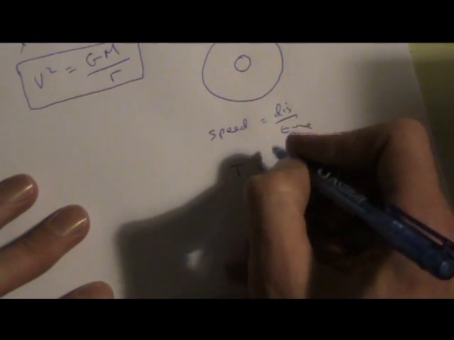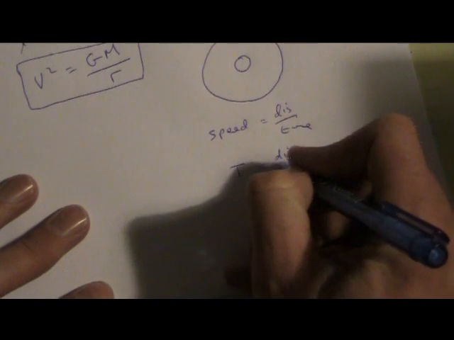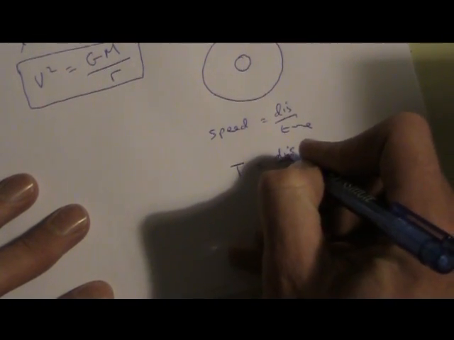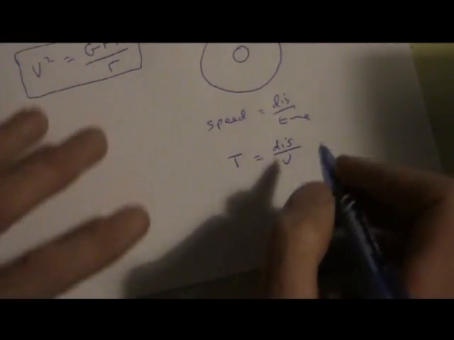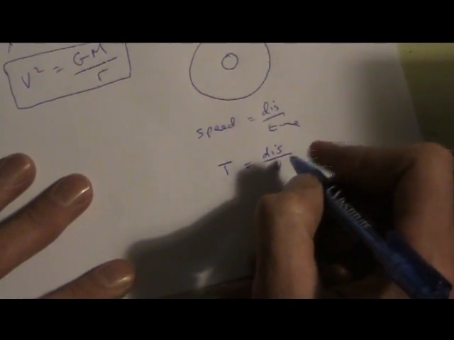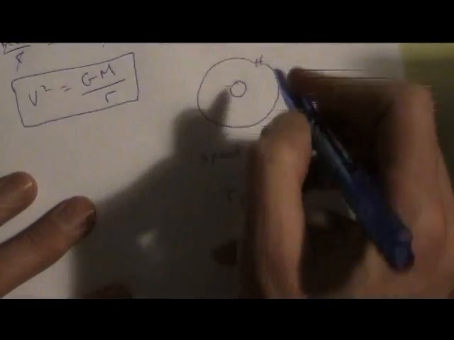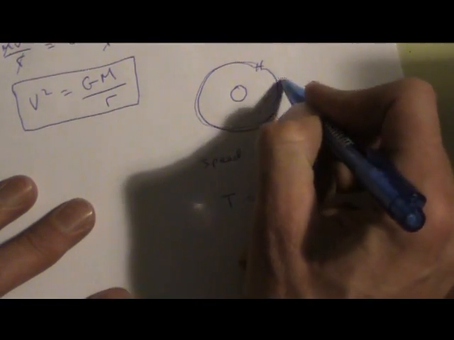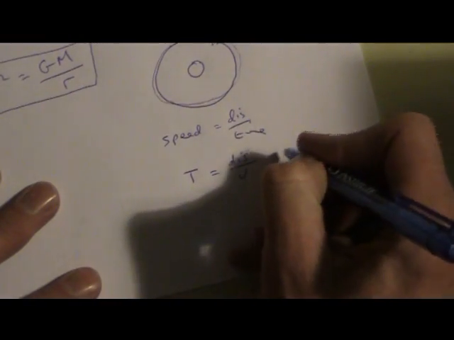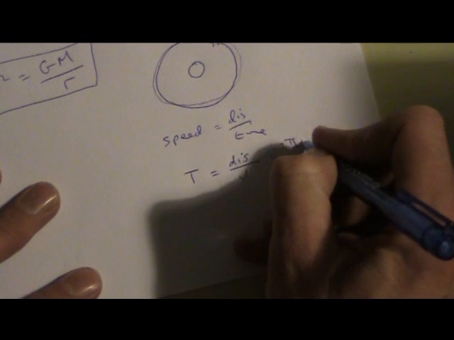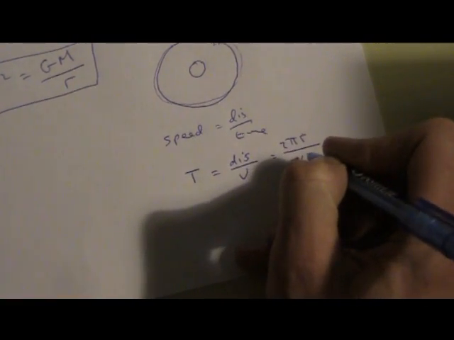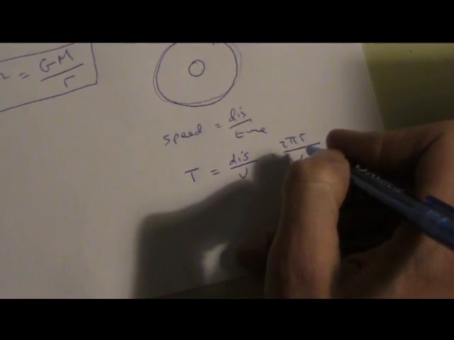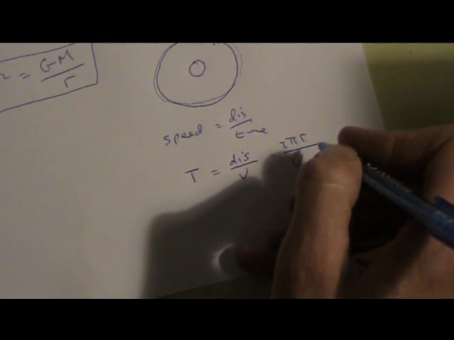And that's distance divided by velocity because it's a constant speed. And the distance travelled? Well, how far does a satellite travel when it's going around in a circle? It's the circumference of a circle, isn't it? Which is 2 pi r divided by the velocity of the satellite.